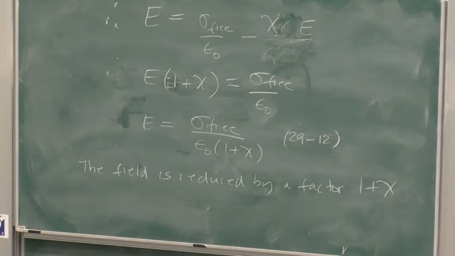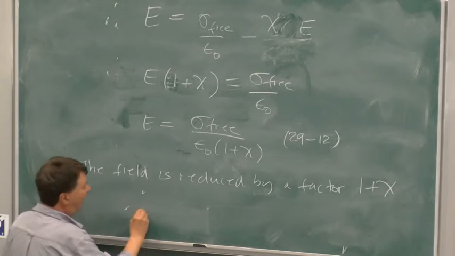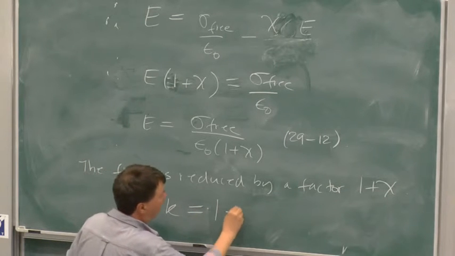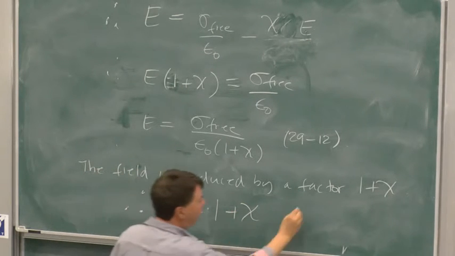And if the field is reduced by the factor 1 plus chi, the capacitance is increased by the factor 1 plus chi, and we've defined that factor as kappa. That was the empirical factor called the dielectric constant. Therefore, kappa is 1 plus chi.